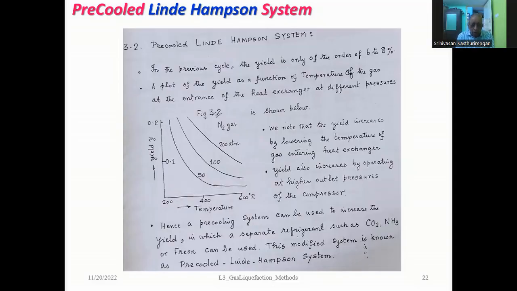This modified system, which uses the pre-cooling, is called the pre-cooled Linde-Hampson system. So it is advantageous to use a pre-cooled Linde-Hampson system so that initially the gas is already cooled down to some extent, so that you are able to increase the yield of such a system.